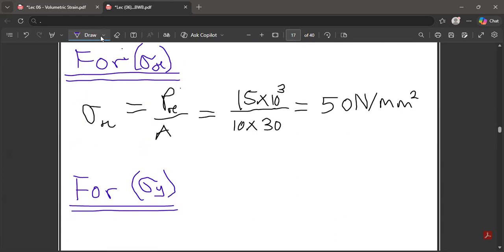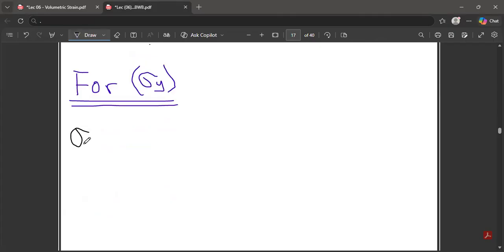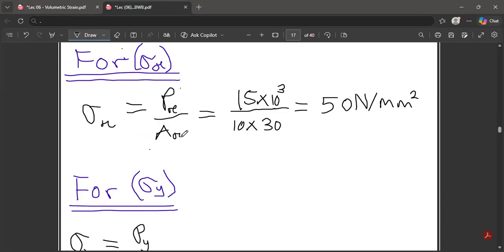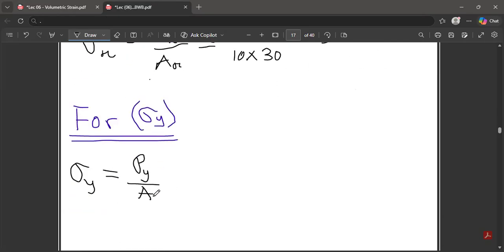So the stress at Y, this is still the same method. You see, the stress at Y is equal to the load at Y over the area at Y. So this is the area at X, and then this is the load at Y over the area at Y.